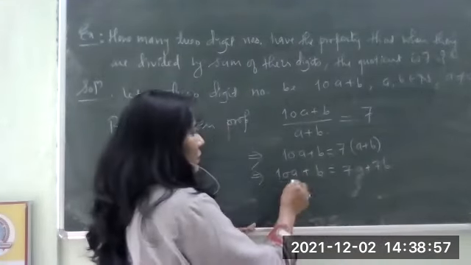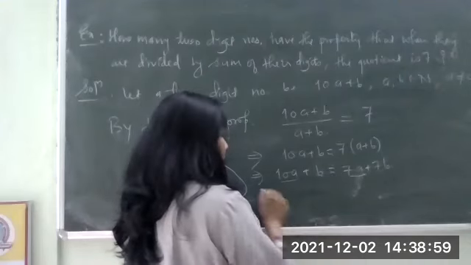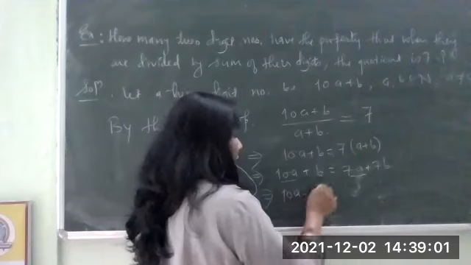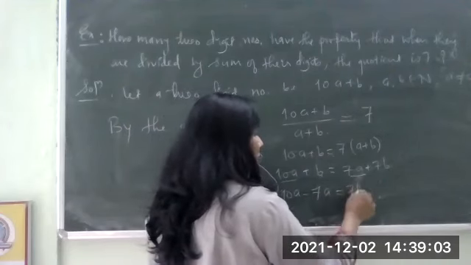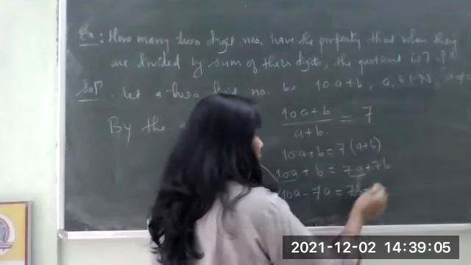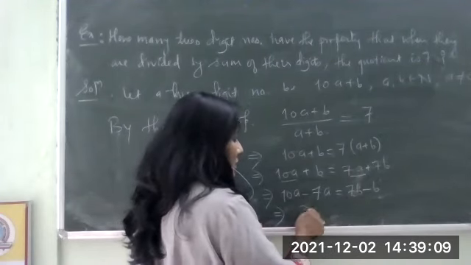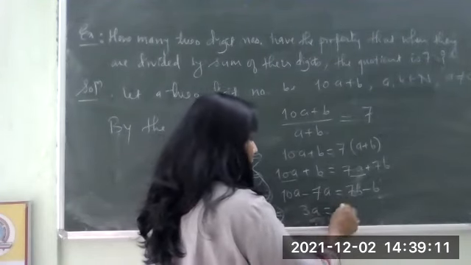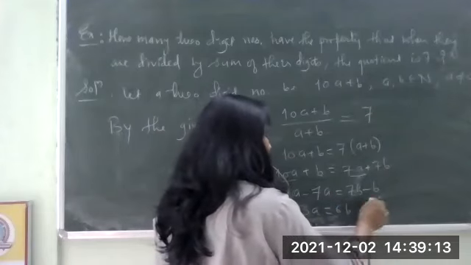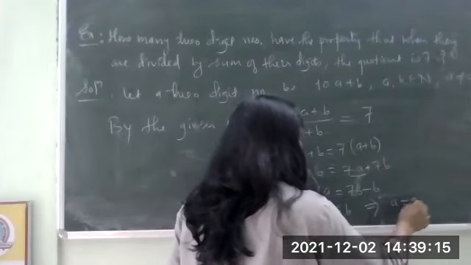So 10a minus 7a is equal to 7b minus b, which gives 3a equals 6b. Dividing by 3, it gives a equal to 2b.